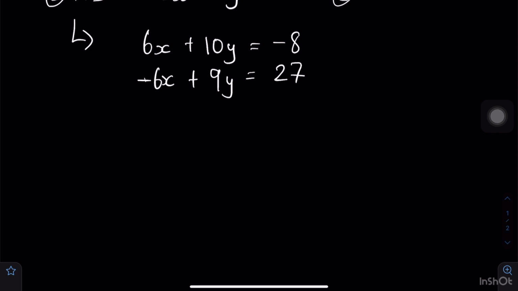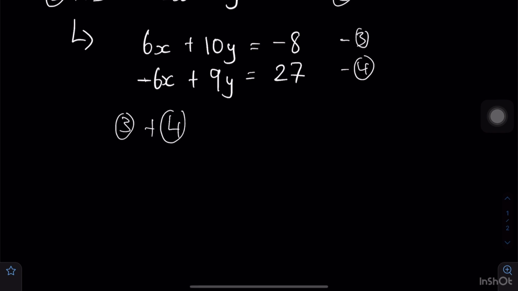If we name these equations 3 and 4, and add equation 3 plus 4, the 6x gets eliminated, and then you just add the other variables, and you get a linear equation.